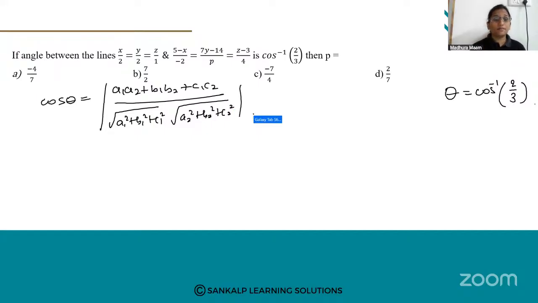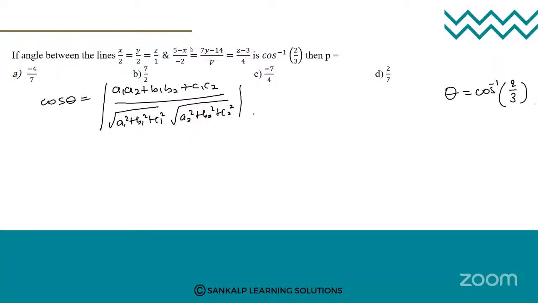Okay, fine. So we have to solve one by one. Before that, if you observe the equations, the first one is in standard form, but the second equation is not in standard form. So we have to adjust a little. From the first equation, A1 is 2, B1 is 2, C1 is 1. But the second equation we have to adjust. How? 5 minus x you can write as minus of x minus 5.